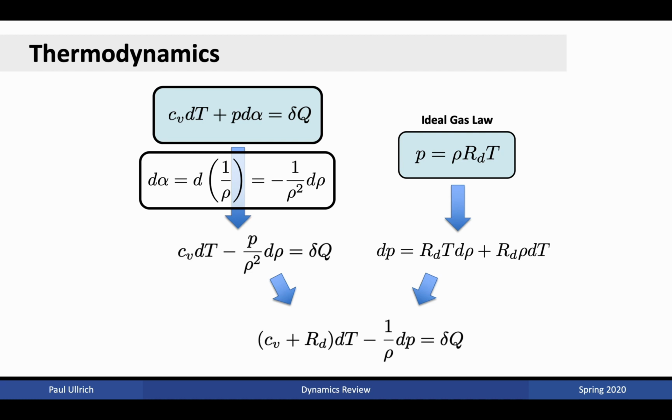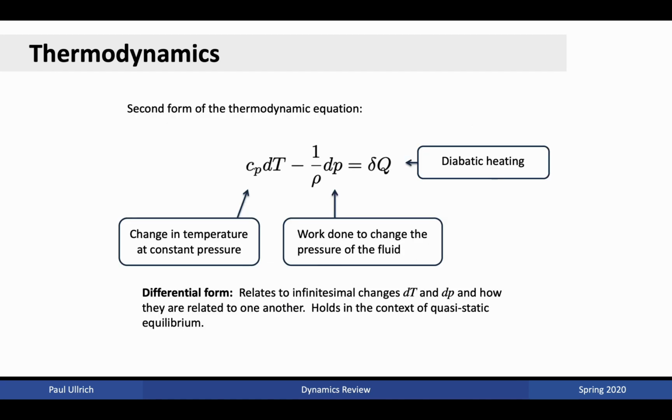This allows us to then replace the α term with pressure and temperature, and thus expanding this gives an equation analogous to the one shown on the bottom. The C_v plus R_d term can be combined then in order to produce the specific heat capacity at constant pressure.